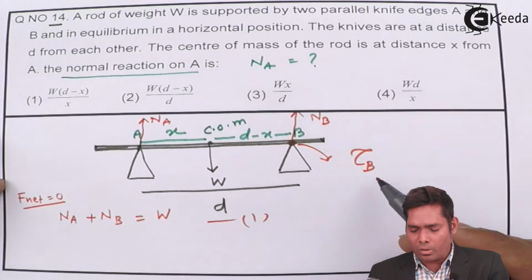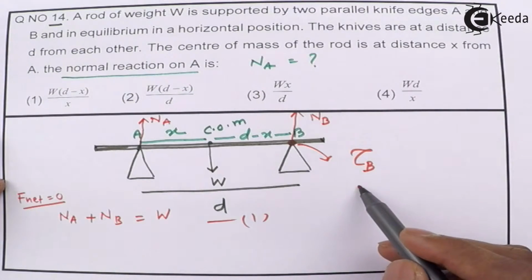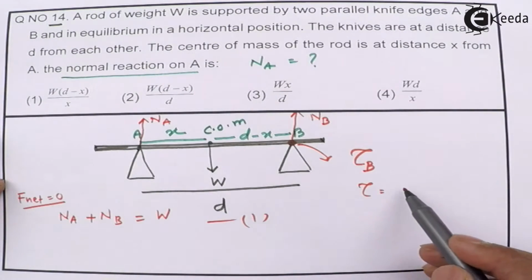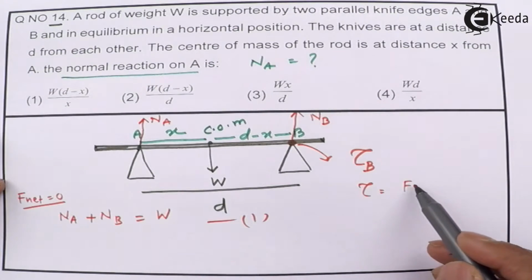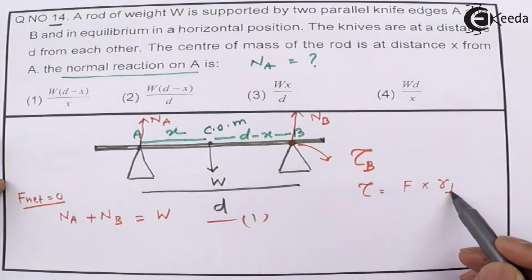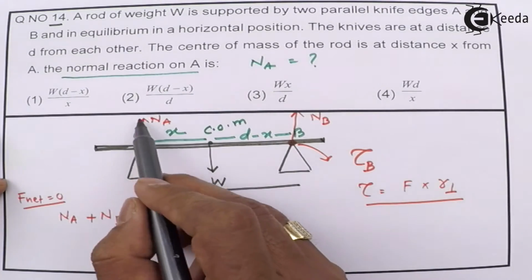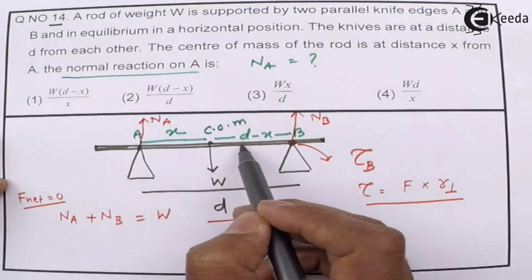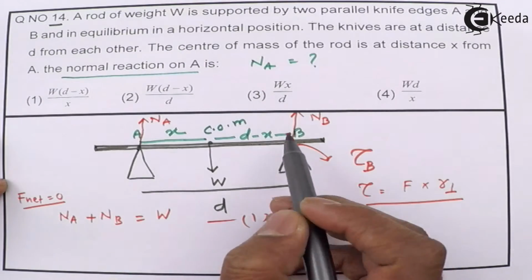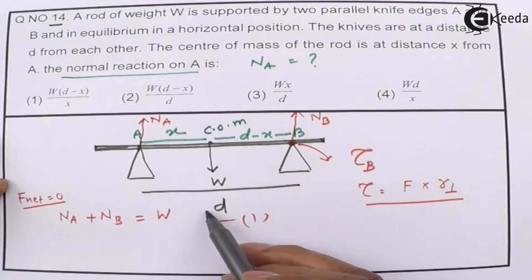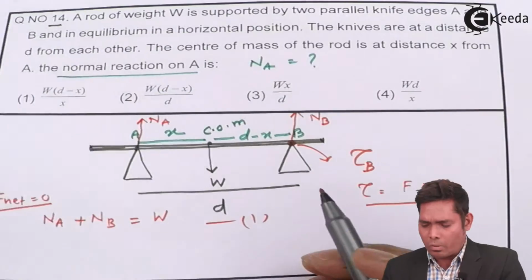That is the formula for torque: about any point, it is the force times the perpendicular distance. This is the force, this is the line of action of the force, and this is the perpendicular distance from the point of rotation. This distance is obviously D. So NA into D is the clockwise torque.